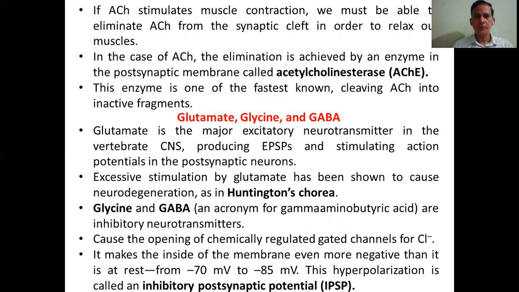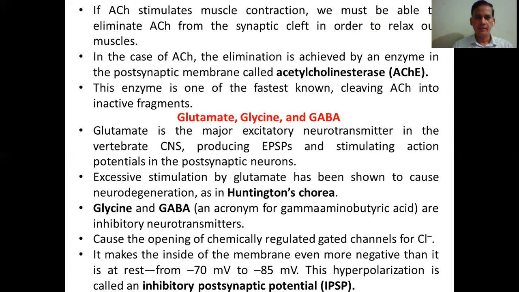Another set of molecules are glycine and GABA. GABA is an acronym for gamma aminobutyric acid. These are inhibitory neurotransmitters. They cause the opening of the channels which regulate the uptake of chloride.